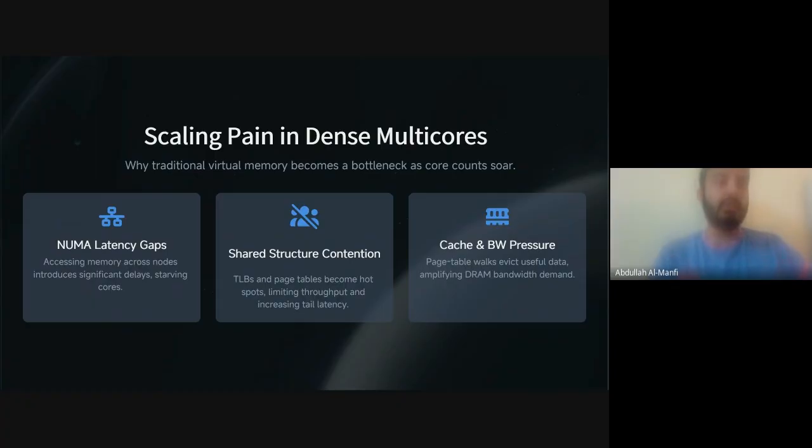As in this slide, as core counts increase, traditional virtual memory becomes a scalability pain point. Memory is no longer unified. Accessing data on a remote NUMA node can be several times slower than local memory, so some cores may stall waiting for data.